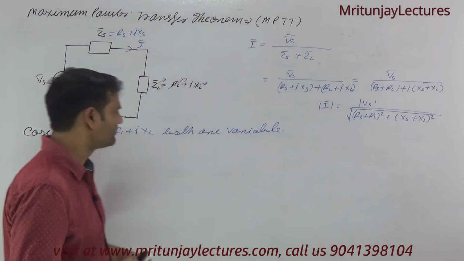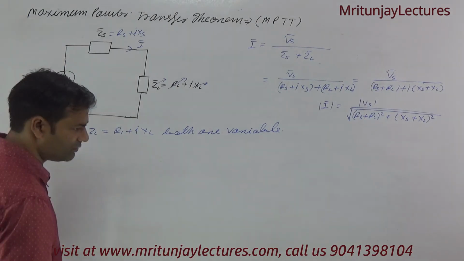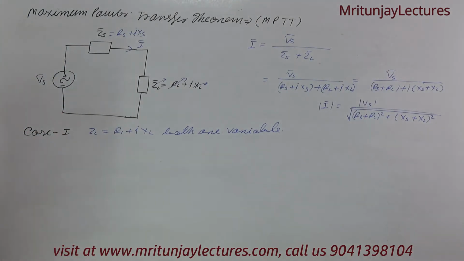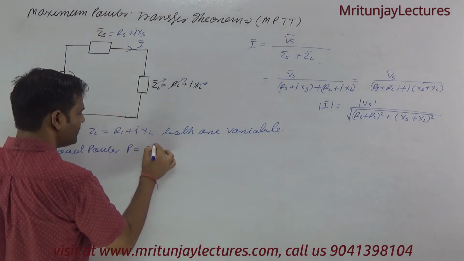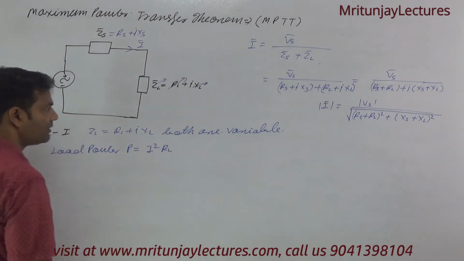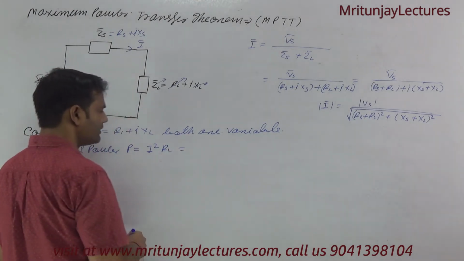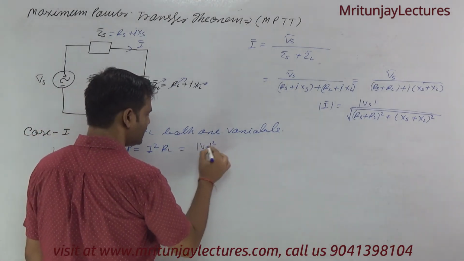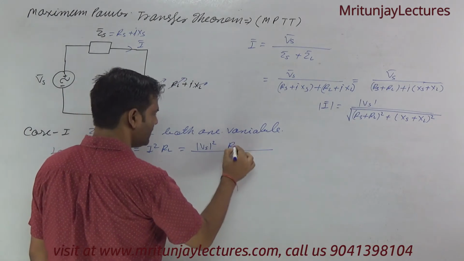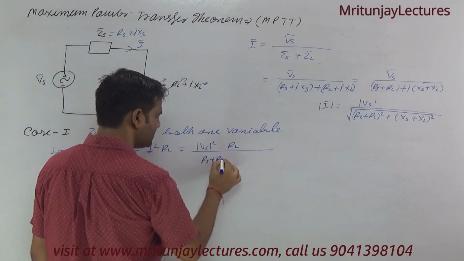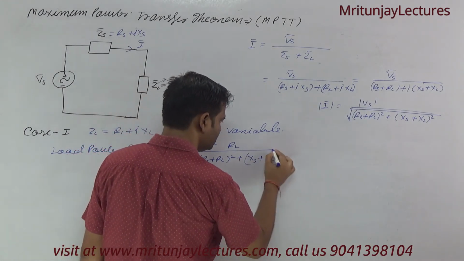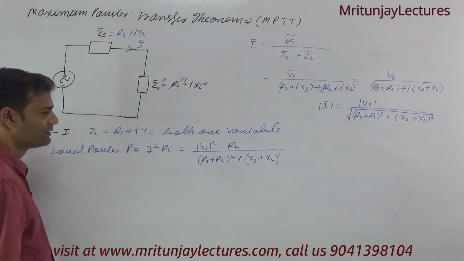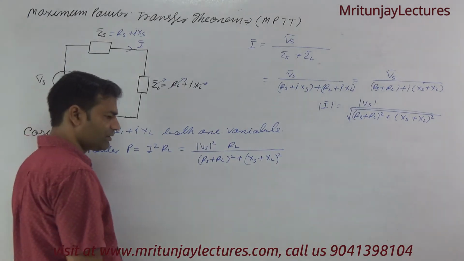Now our motive is to determine the power, the load power. Load power is written as P, equal to I square into RL. So if you write it here, that is mod Vs to the whole square into RL divided by Rs plus RL to the whole square plus Xs plus XL to the whole square. That is P.